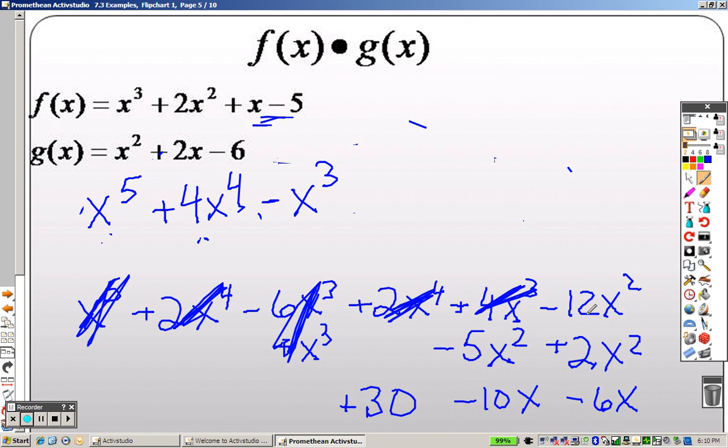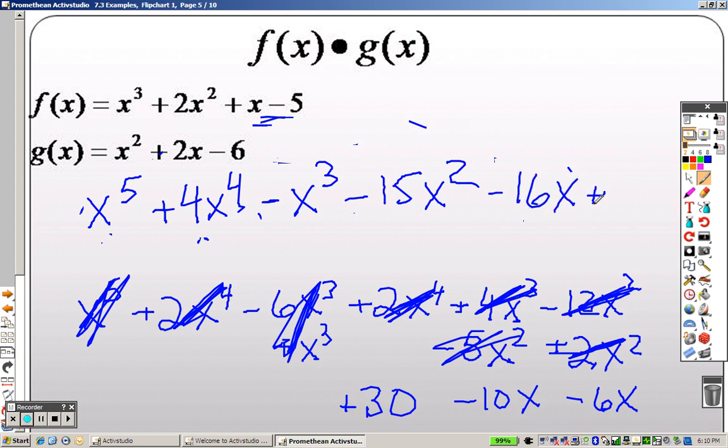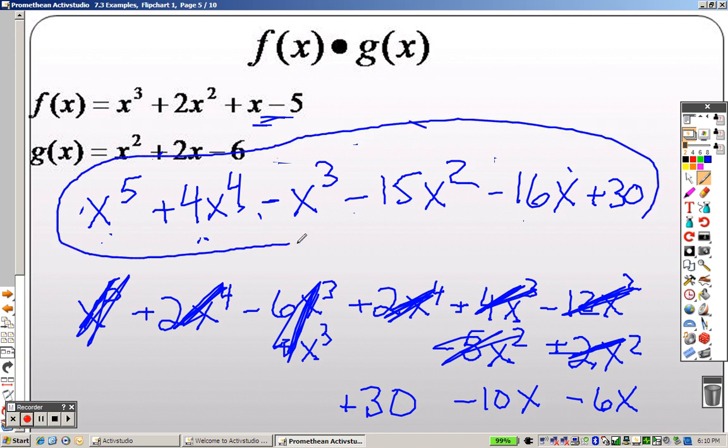I have negative 12 plus 2, that's negative 10. Negative 10 plus negative 5 is negative 15x squared. Negative 10 and negative 6 is negative 16x, and a positive 30. So really all that was a long mess of foiling to get an answer. And when we come back here, we will finish up with 7.3.